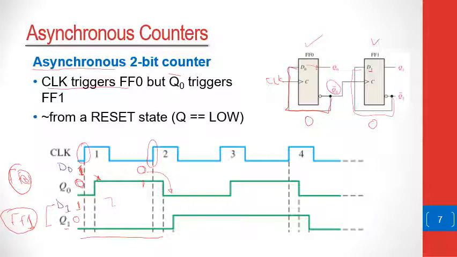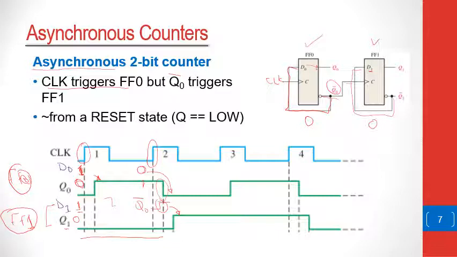On the other hand, this negative edge of Q0 will result in a positive edge of Q0 bar. So Q0 bar, which is the clock signal of flip-flop number 1, will have a positive edge. And this positive edge will trigger whatever is in D1, which is basically 1, to go into Q1.